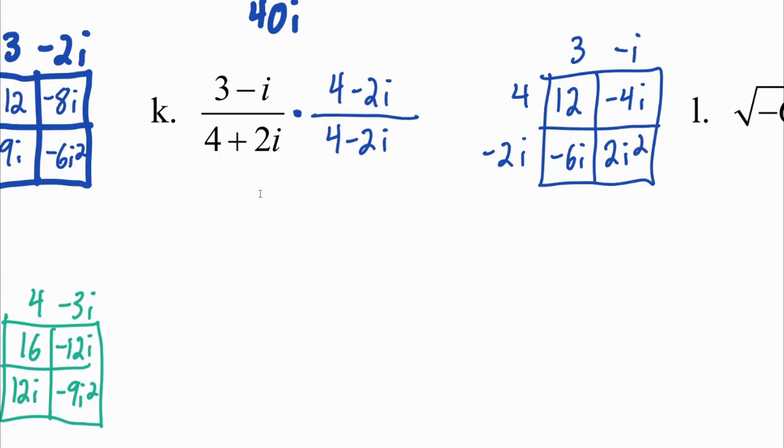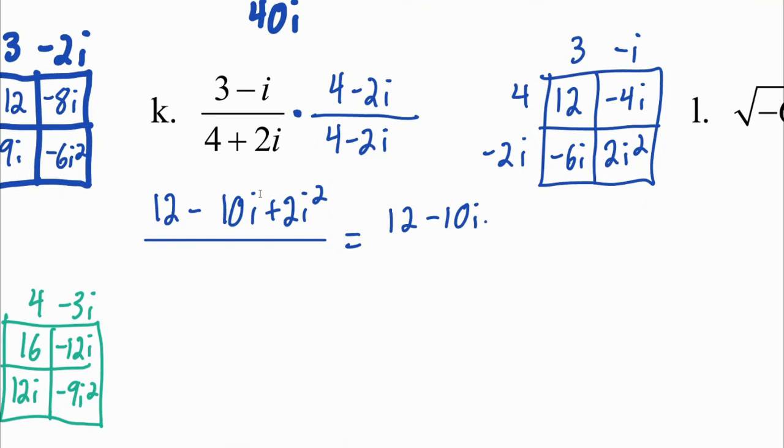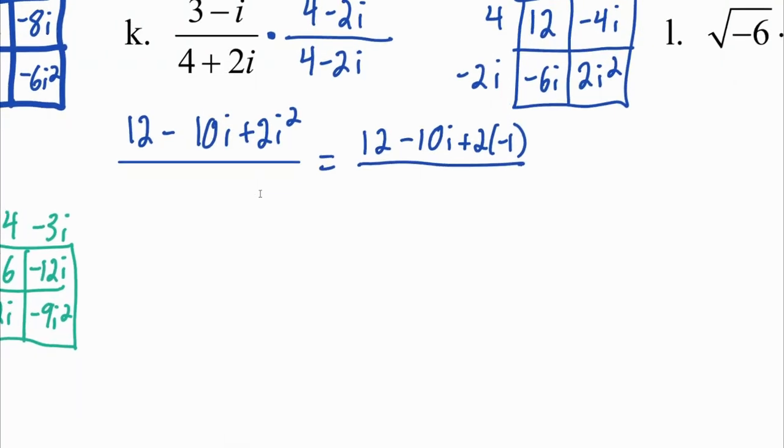So in that numerator, I'm going to get 12 minus 10i plus 2i squared. Then I'm going to replace that i squared with a negative 1. And so I can combine 12 and that 2, and that's going to give me 10. So I'll get 10 minus 10i as my numerator.